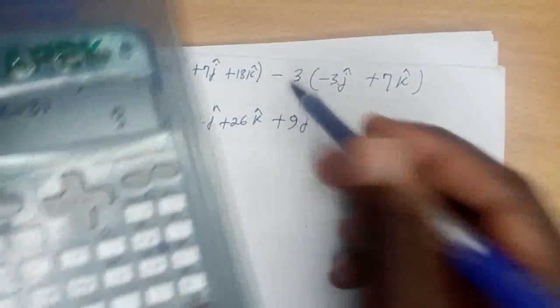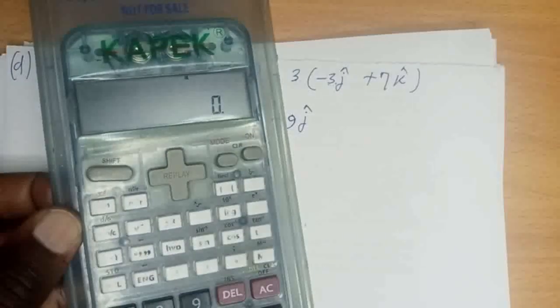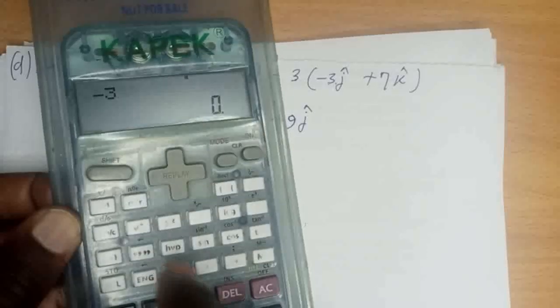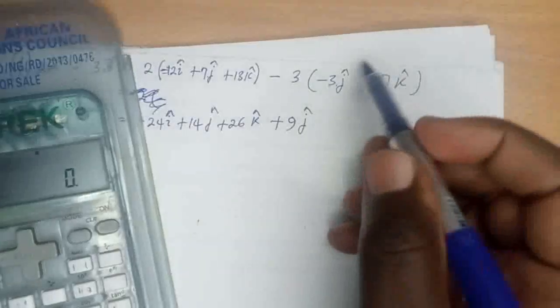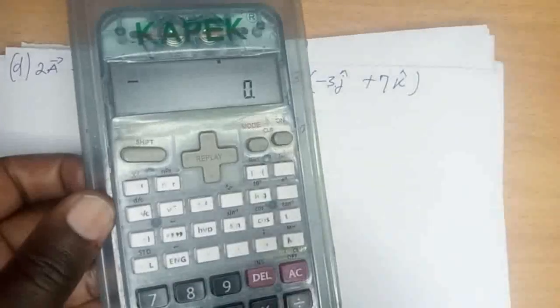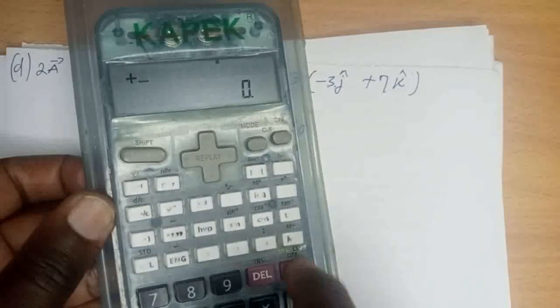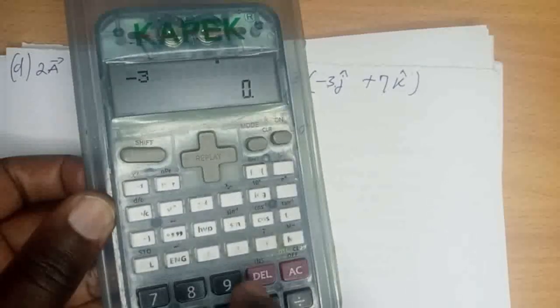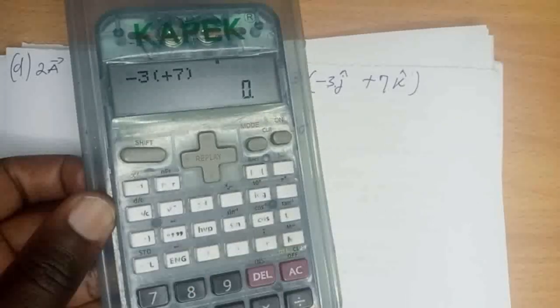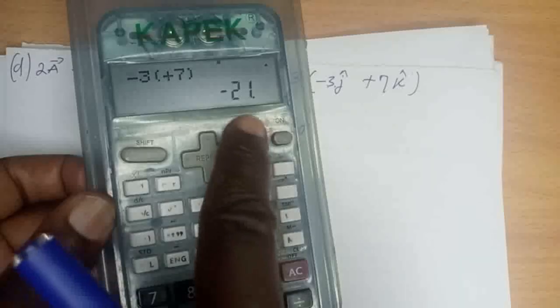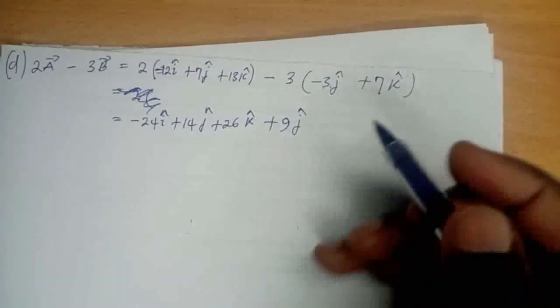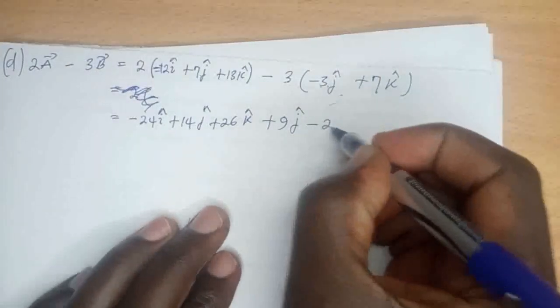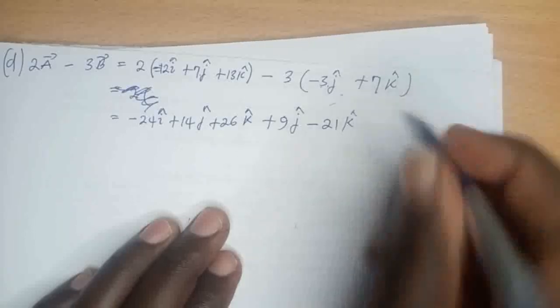And again you press minus 3, open bracket, then the next number here is plus 7, close the bracket. This is equal to negative 21, so you have negative 21 K cap.